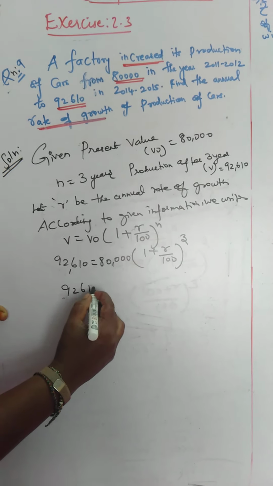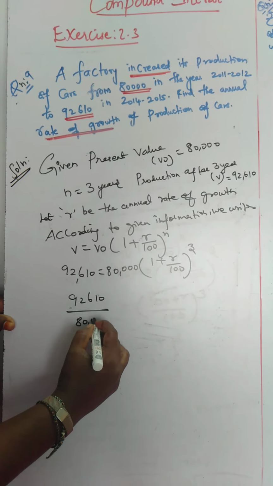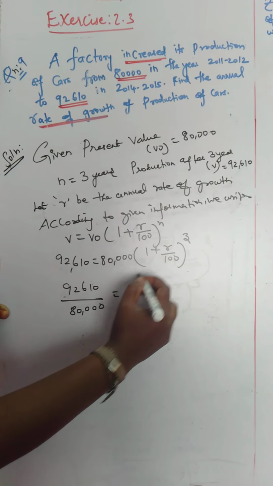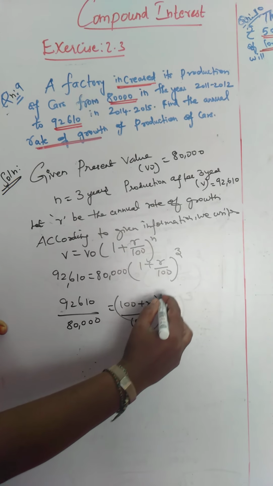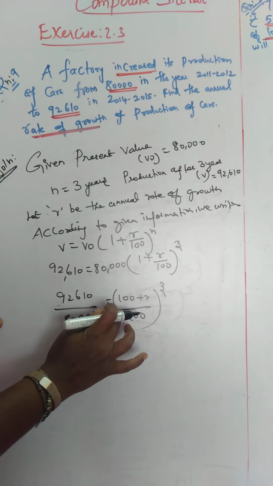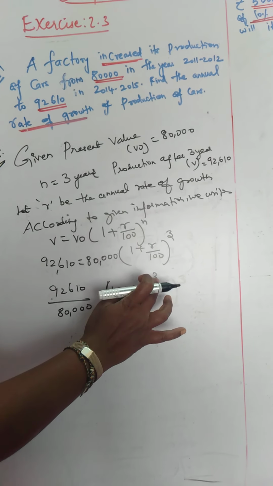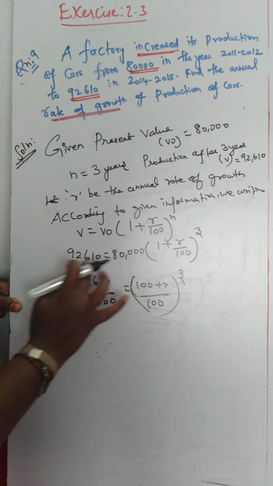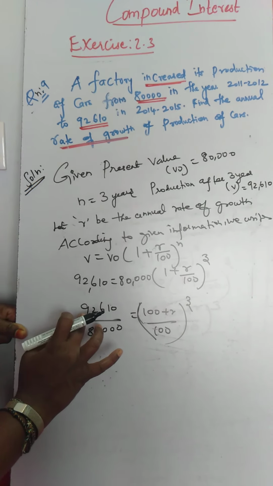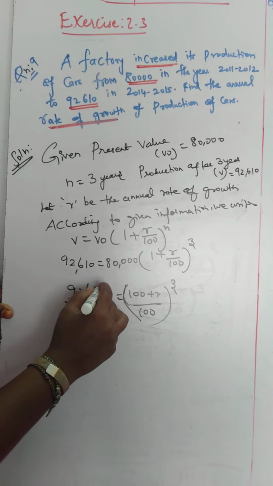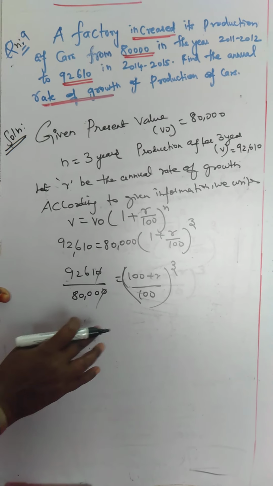So bringing this 80,000 to the denominator and taking LCM and multiplying, the whole cube, right? And one hint is that since the power is 3 here, we want to check whether this is any cube number. Yes, first do all the necessary steps here.